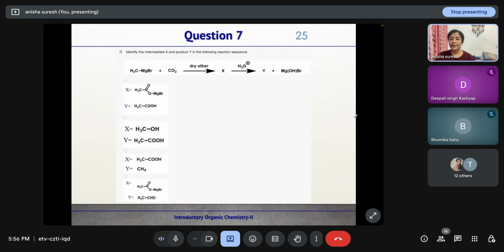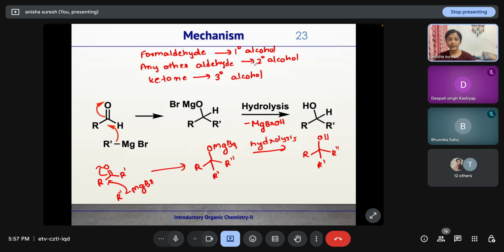Now coming to question number 7. Identify the intermediate X and the product Y in the following reaction sequence. So we have this methyl Grignard, and it is treated with carbon dioxide in dry ether condition. So we will get a compound X, and that upon hydrolysis will result in the formation of Y. Here this can be written in brackets.